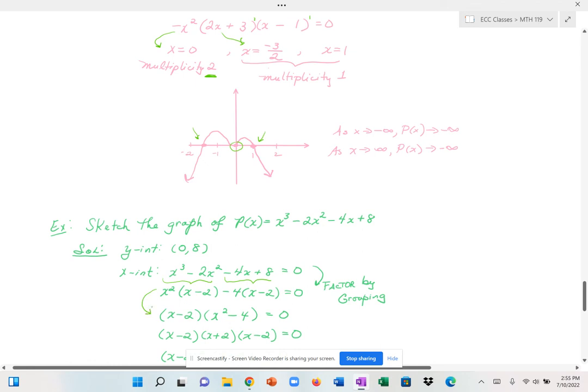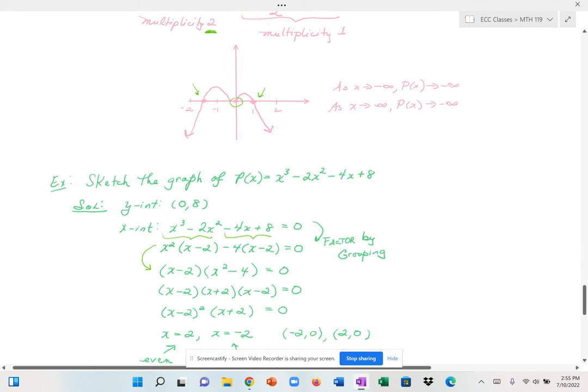Then x minus 2 is the common factor from those products, leaving me with x minus 2 times x squared minus 4. This is the difference of perfect squares, so that factors even further. So I get x minus 2 times x plus 2 times x minus 2.